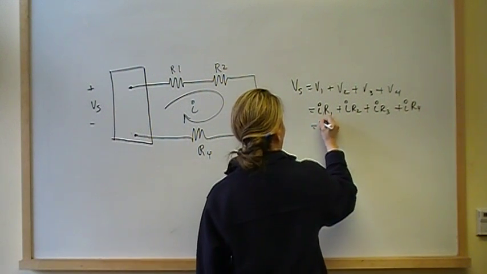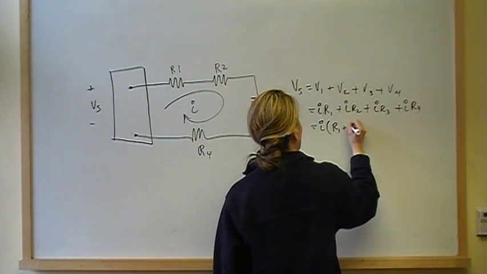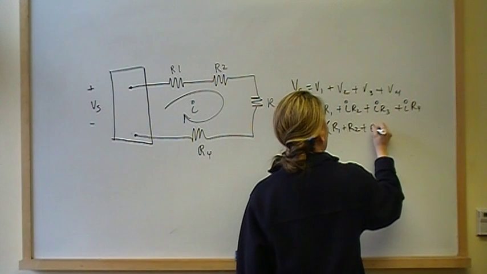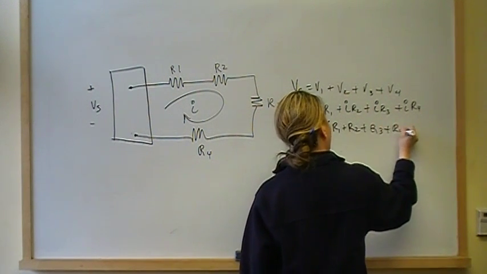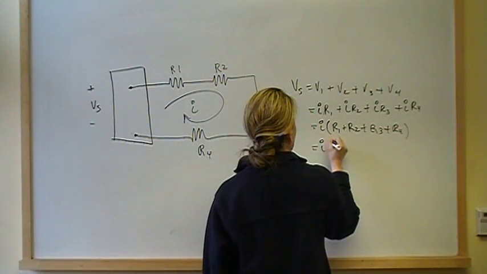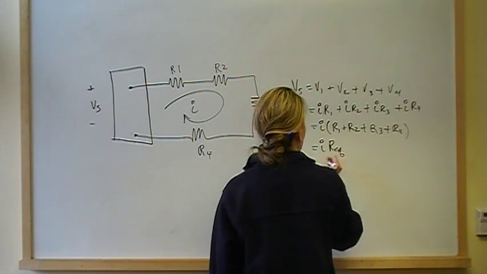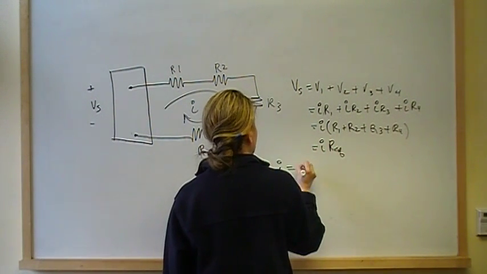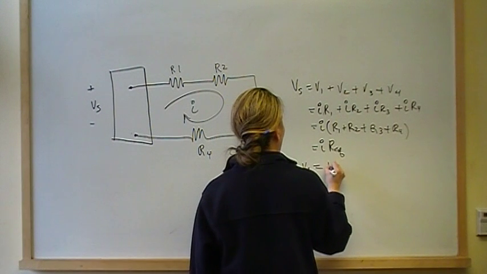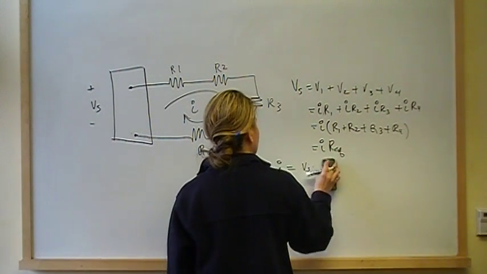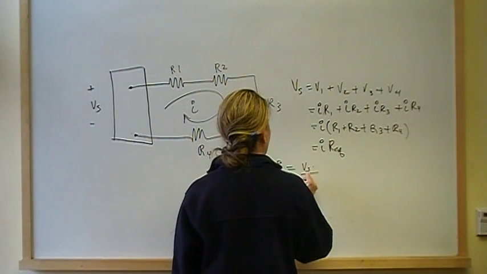We factor out the I, we have R1 plus R2 plus R3 plus R4, and that's just our equivalent. So then I is going to be V source divided by REQ.